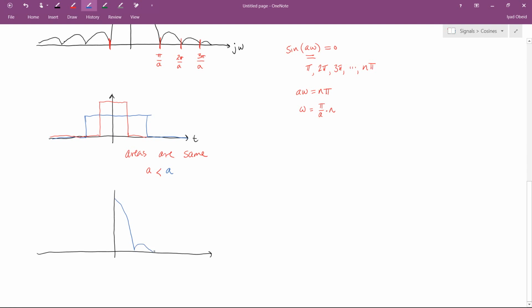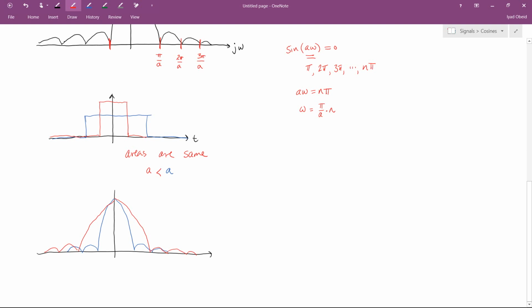Let's say it was a sinc function that looked as such. The red signal, because it has a smaller value of A, has zero crossings, which are 1 over A, that are going to be larger. Okay, I don't know exactly how large because I didn't put actual numbers here, but you get the idea.